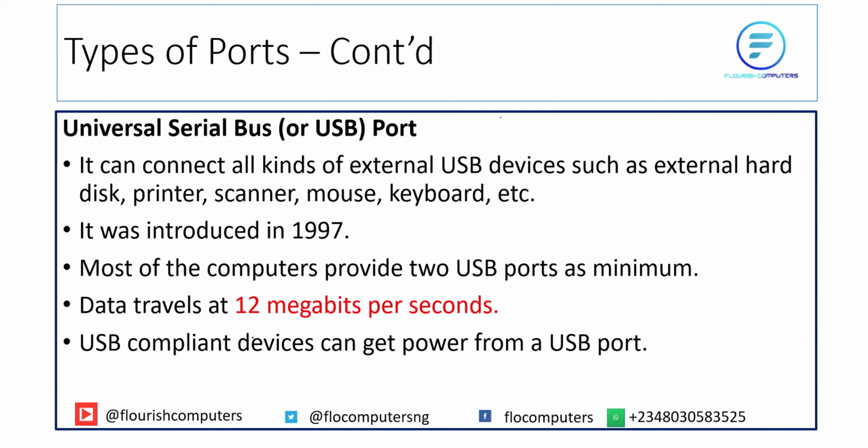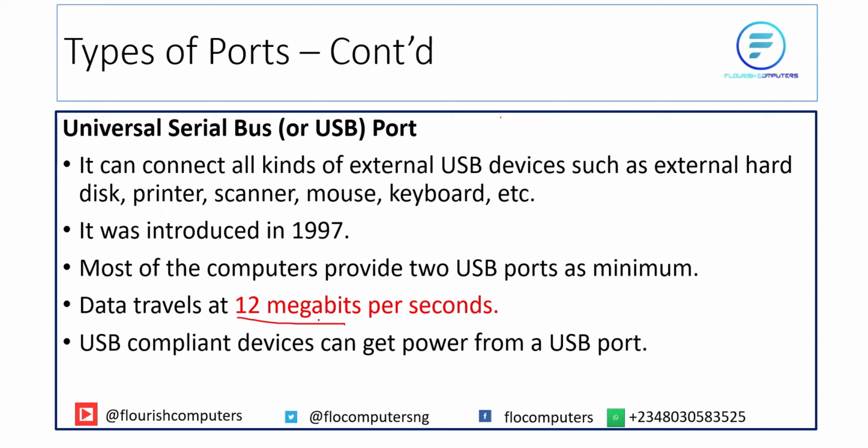Data travels at 12 megabits per second through the USB port, and this is even USB 1.1. There are USB versions that are faster than 12 megabits per second. Now compare this to the serial port we talked about, which connects at just 115 kilobits.